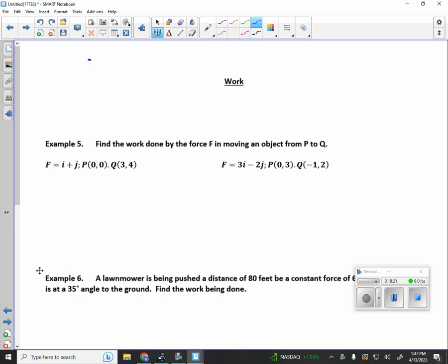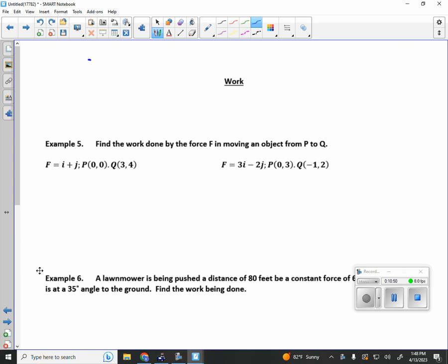Lactic acid is building up in my arms. I am tired. I have used calories in order to exert that force. How much work did I get done? I got no work done because the object did not move.